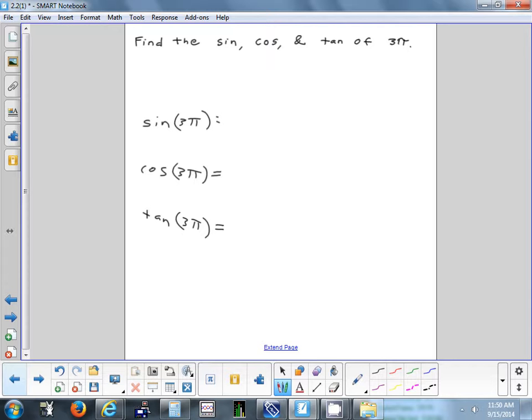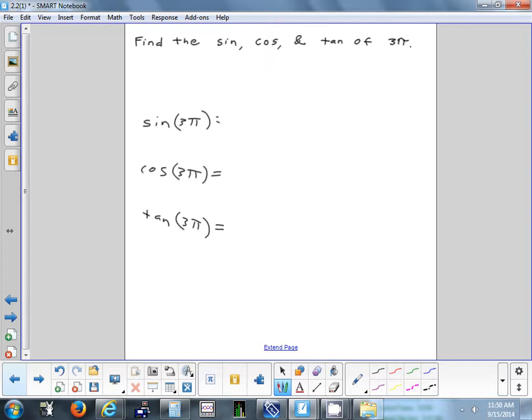What would be a good first step here to make this in units that are a little more familiar to us? Yeah, change it to degrees. Okay, if you know how to work with 3 pi, just do the problem the way it is. Don't even bother changing it. But if you're not, we can convert it to degrees.